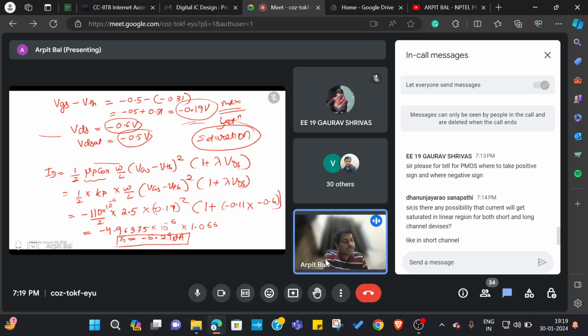Here again, mod Kp was given to us as 110, so here we will take a minus sign. Same thing with lambda P. Mod lambda P was given to us as 0.11, so lambda P is minus 0.11.